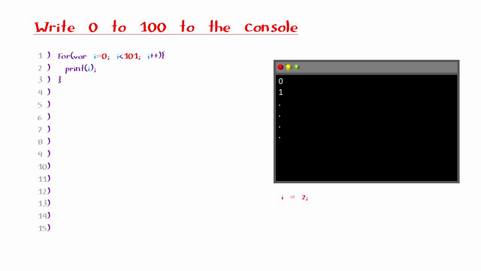Let's fast forward until I equals 100. Since 100 is less than 101, the condition is still true and we stay in the loop. After outputting 100 to the console, I is incremented to 101. 101 is equal to, not less than 101, and therefore our condition is false and we exit the loop.